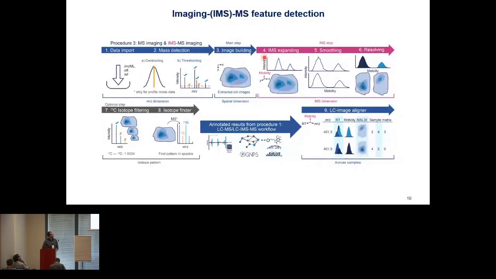And then if you're using ion mobility, you have to expand these images into the mobility dimension and separate them by a resolving module to get extracted images for each of the potential isomers that might have the same mass. That's then followed by additional modules such as isotope removal and isotope filtering, and this can also be aligned to your LCMS datasets, which I will show in more detail later.